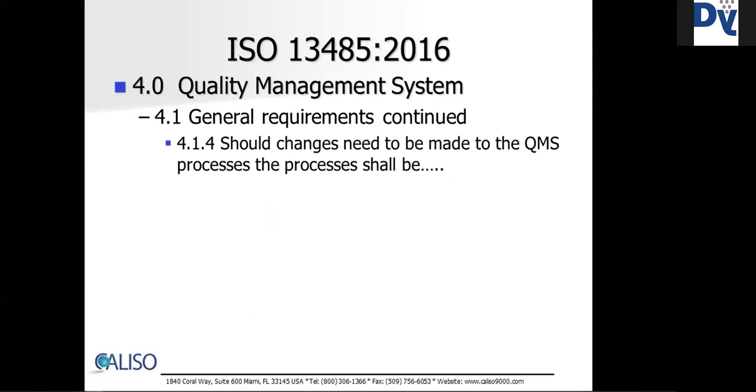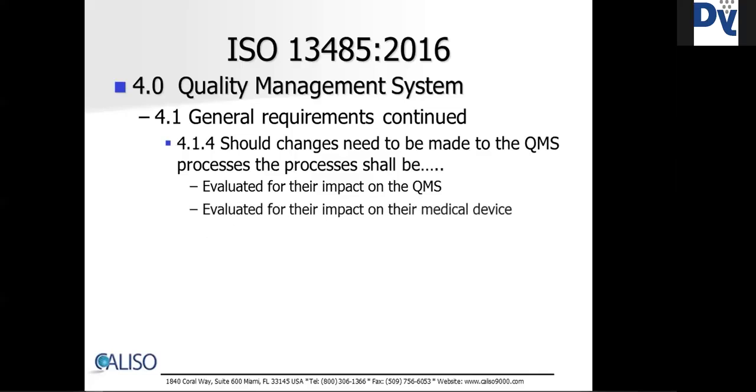Should changes need to be made to the quality management system processes, the processes shall be evaluated for their impact on the quality management system, evaluated for the impact on the medical device, and controlled.